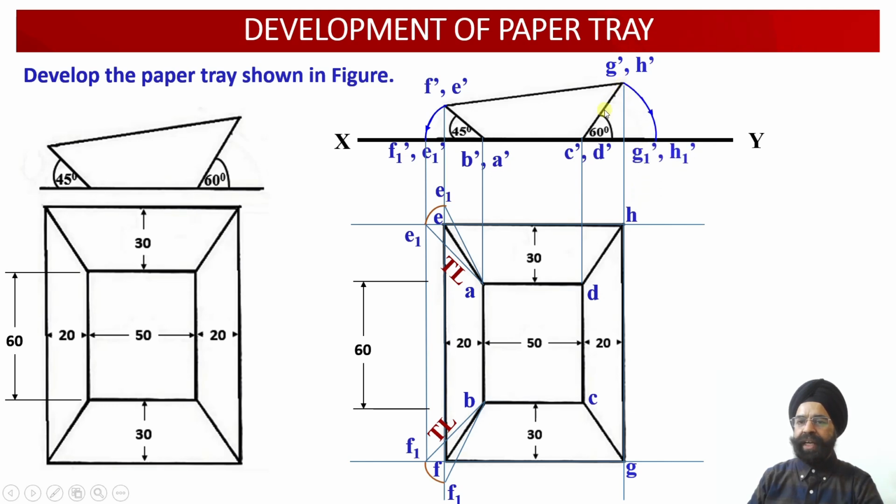Now once we rotate this edge length in the front view projection, that is the apparent length in the front view projections over here with respect to the point C dash D dash, so that in the new orientation the apparent length, that is D dash H1 dash and C dash G1 dash, they should become parallel to the horizontal plane. So onto the horizontal plane, into the top view projections, we will be able to obtain the points H1 and G1 over here.